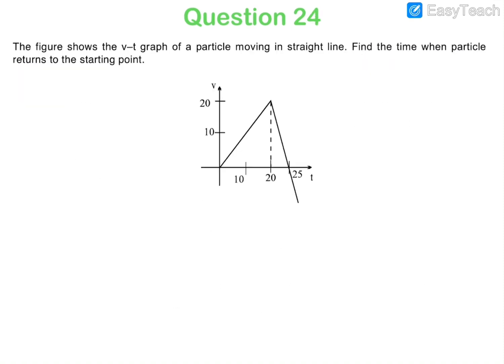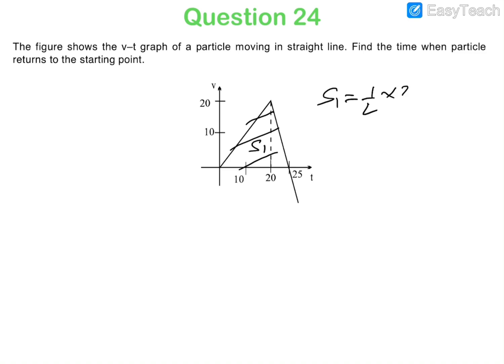Now in this question, you can see that this is a VT graph of a body, and we have to find out in what time it would return to the starting point. So obviously we can see that the displacement S1 of the particle in the positive direction is half base into height.